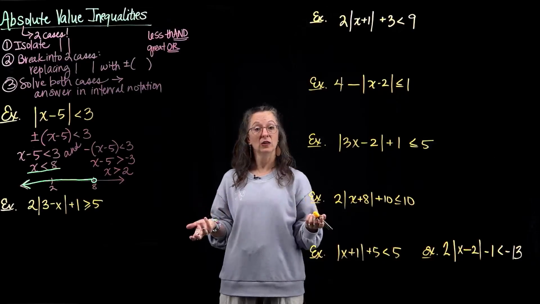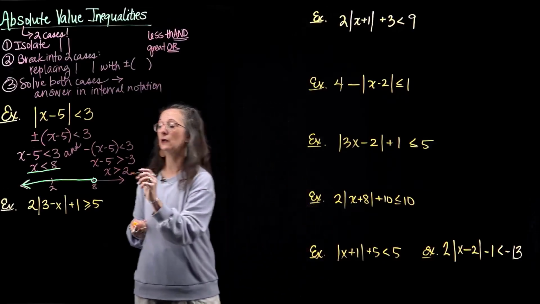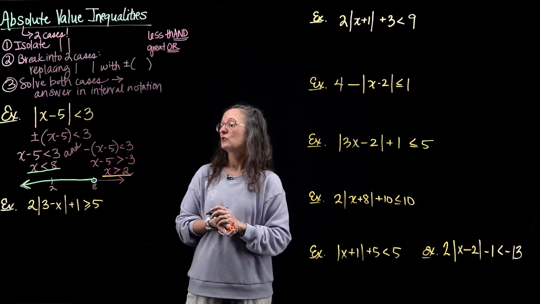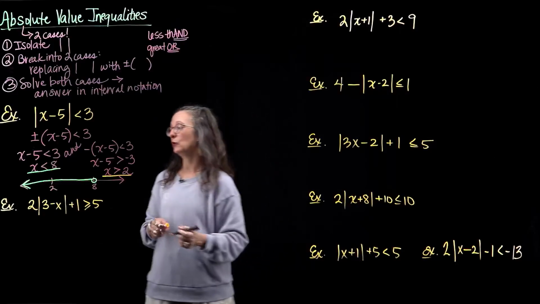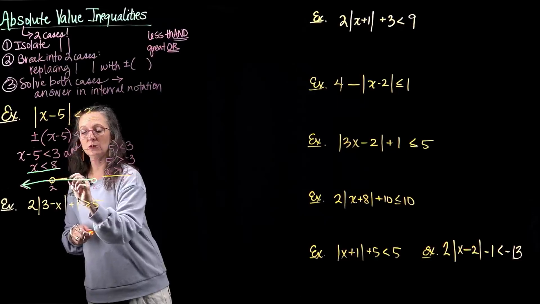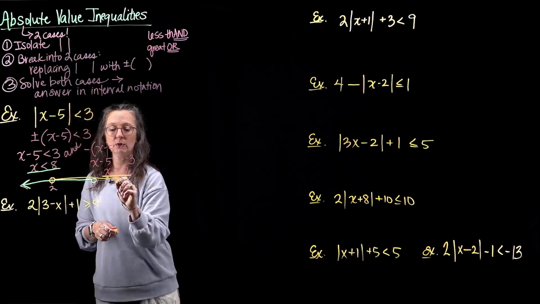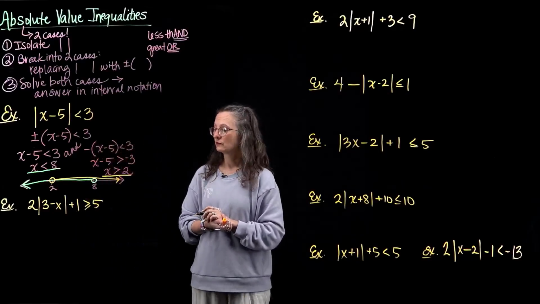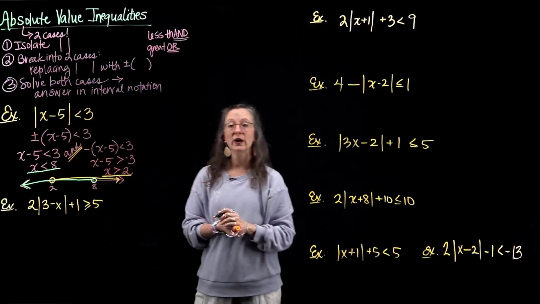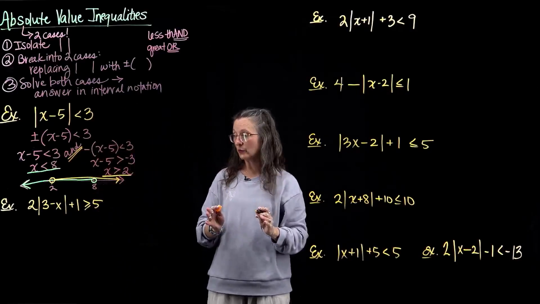And I did that in yellow. We're going to do the second one in orange, just to make it a little easier to see. So x greater than 2, we're going to do an open circle at 2. Greater than 2 would be shaded to the right. And remember, we're looking at and, so where they are both true.